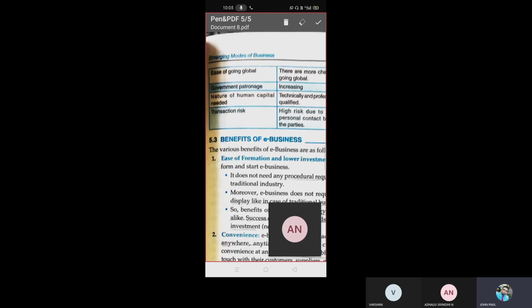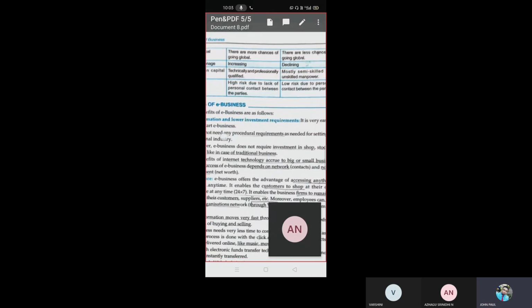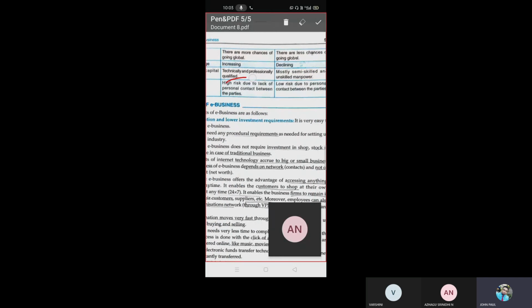Then transaction risk. What do you mean by transaction risk? Since it is online, there is a huge risk. We won't see each other; we communicate through mobile phone or websites. So the amount at risk in the transaction is a little high.